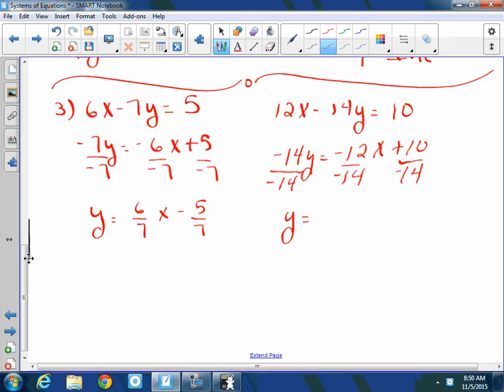If I simplify, what would that be? 6 over 7 x, right? Which means they're already what? They're already parallel. I'm not sure that they're the same line because I haven't finished. They're parallel. And that will be minus because a positive divided by a negative is a minus. And then 5 sevenths. I got 6 over 6. I don't understand why. Because it's negative 12.